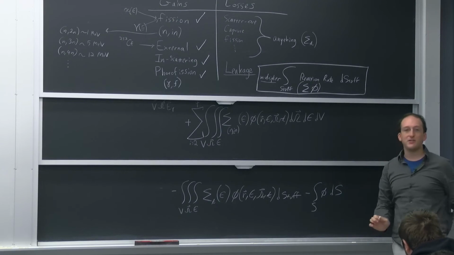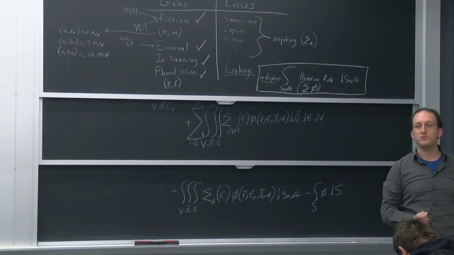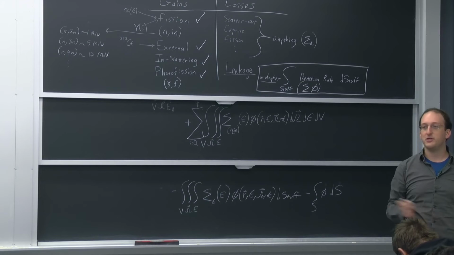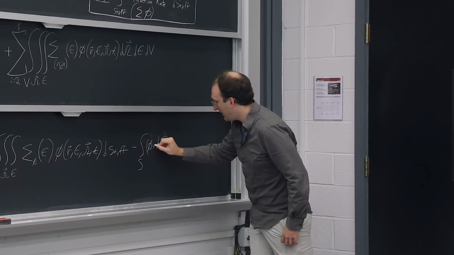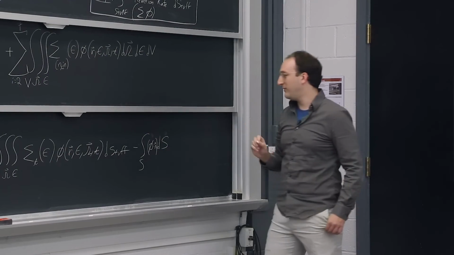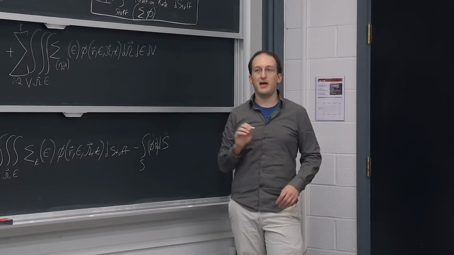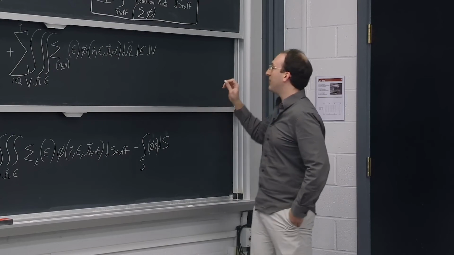Because there's no reaction happening when neutrons just move, right? They just go. And so we'd also have to multiply by our normal vector, because every flux is going to have a certain number of neutrons moving in a certain direction.